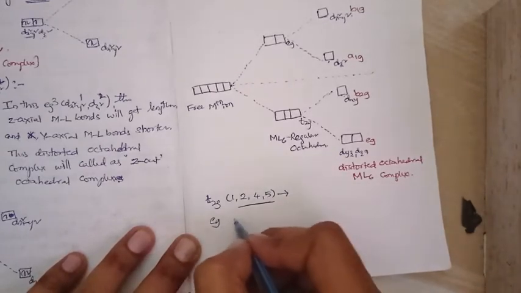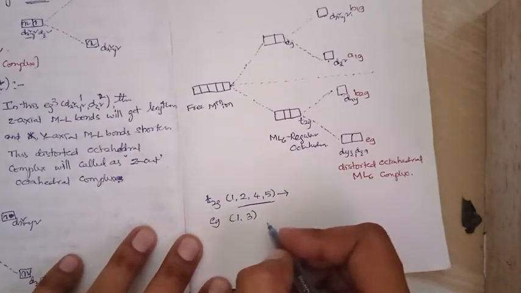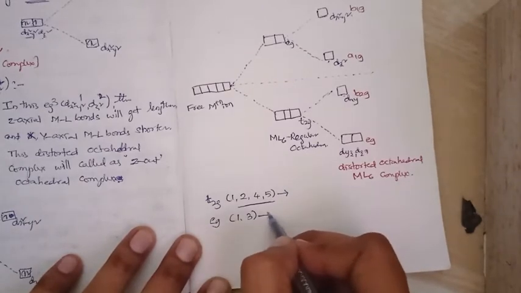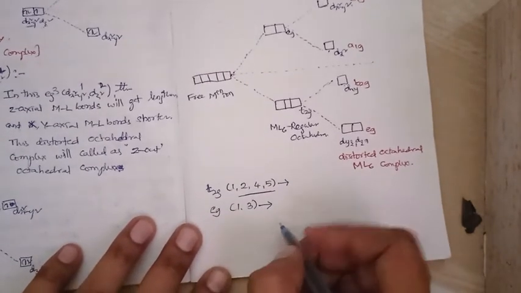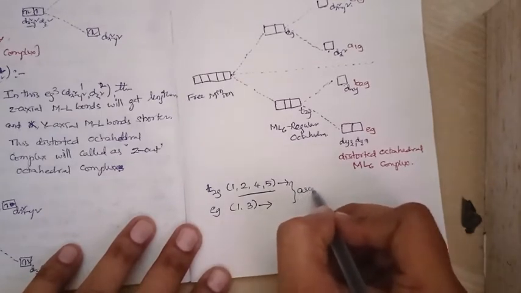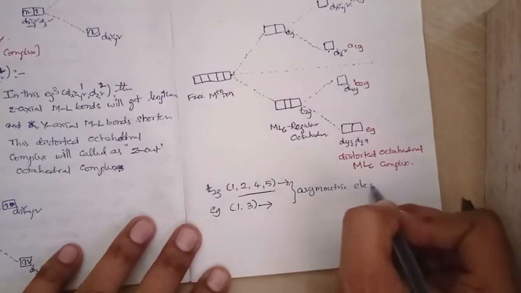In the Eg level, 1 or 3 electronic configurations, that is, Eg1 or Eg3, are the distorted states, right? These are the asymmetric electronic configurations.